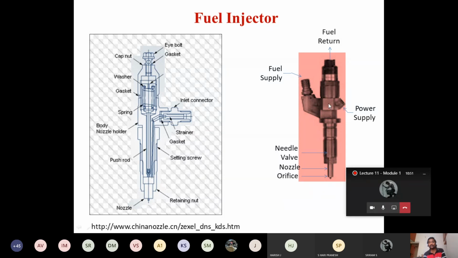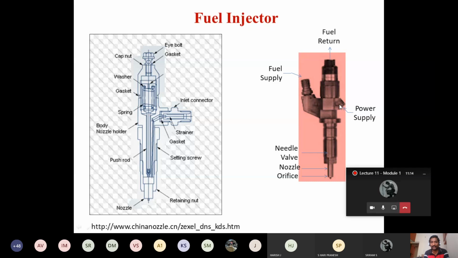And there are two methods by which we can activate the fuel injector. It can be by mechanical means or it can be by electrical means, right? Either by mechanical or by electronic fuel injection. If it is electronic fuel injection, then we have to give a power supply. Okay.